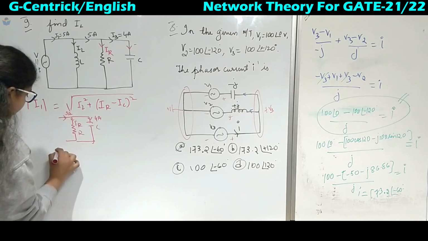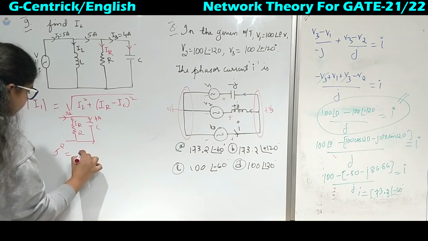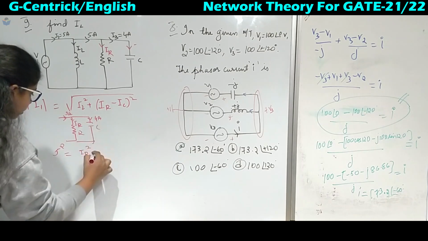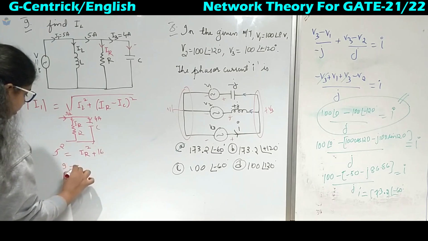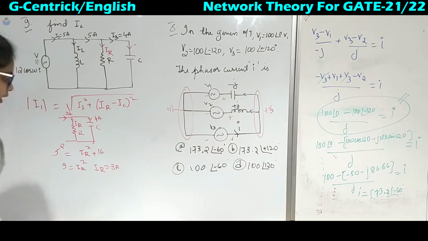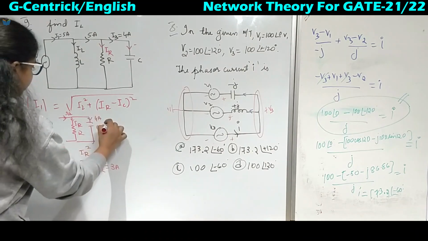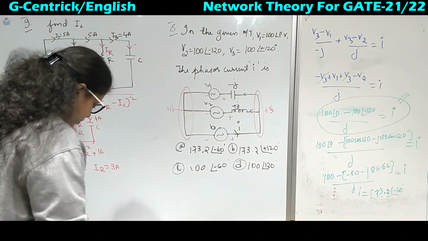So now I can write it as 5 square equals IR square plus 16. So 25 minus 16 is 9, that is IR square, and the value of IR is equal to 3 amperes.